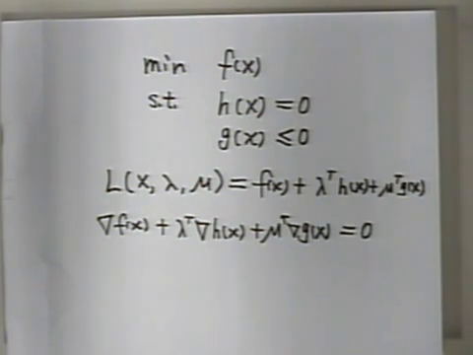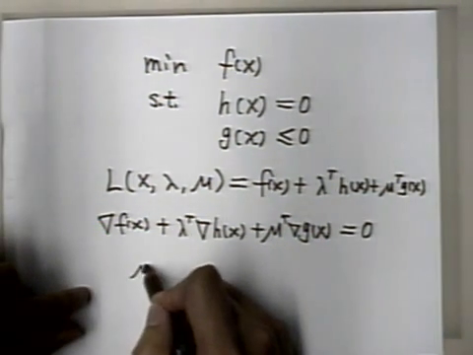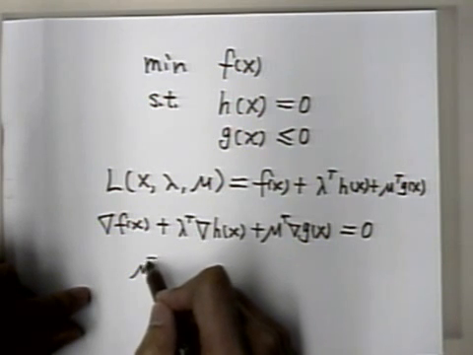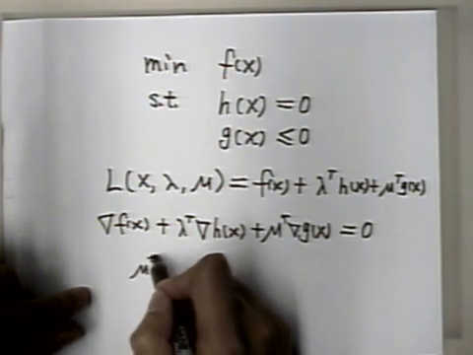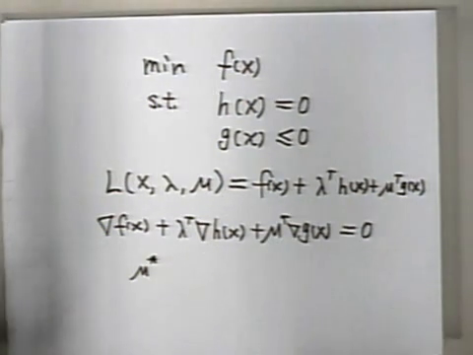But the level of difficulty is about what? To check the inequality constraints to be active or inactive. And that means the assumption is that I have this vector mu, which is actually a vector.